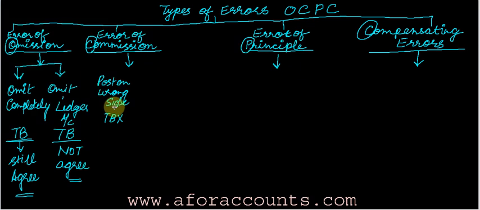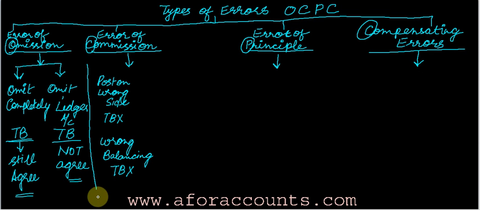One more thing, wrong balancing of the account. If it is wrong balancing, then also my trial balance will not agree. These are all error of commission. Now posting the wrong amount in the ledger. If the amount is wrong, then also my trial balance will not agree.